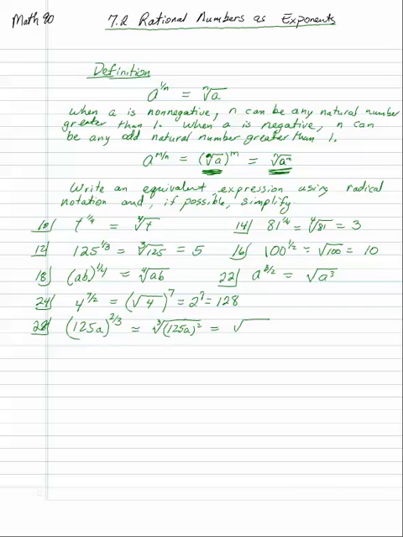So that's going to give me cube root of 125 times 125 times a, and cube root of 125 is 5, so I got 5 times 5 times 5. So 2 5s come out, which is 25. Cube root of a squared.